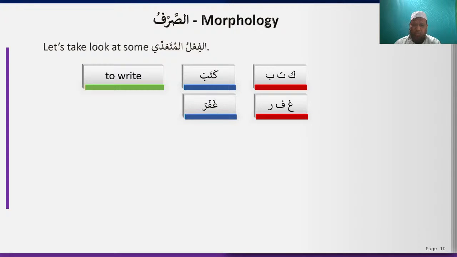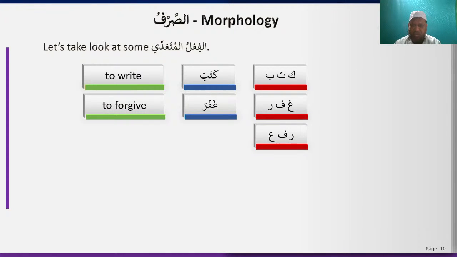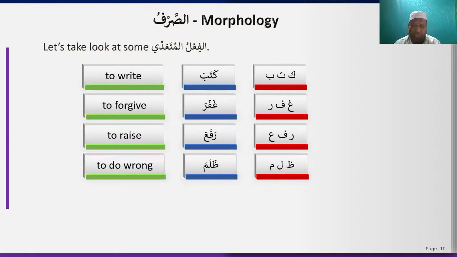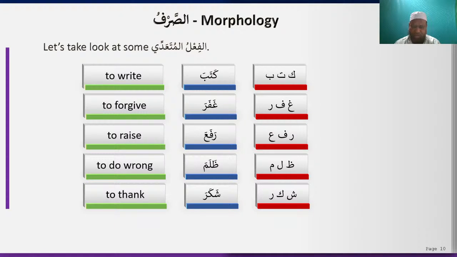Ghain, fa, ra, ghafara, to forgive. Rafa'a, to raise. Dha, lam, mim, dhalama, to do wrong. Shin, kaf, ra, shakara, to thank.